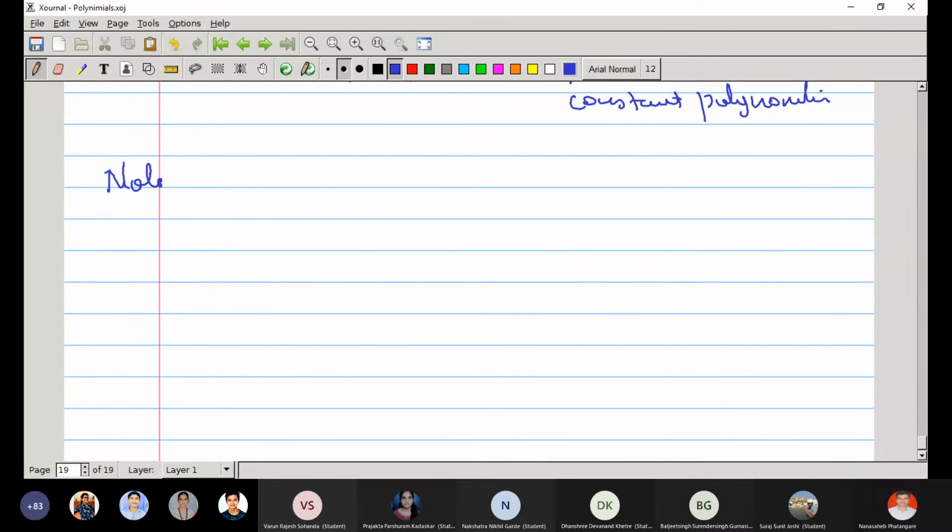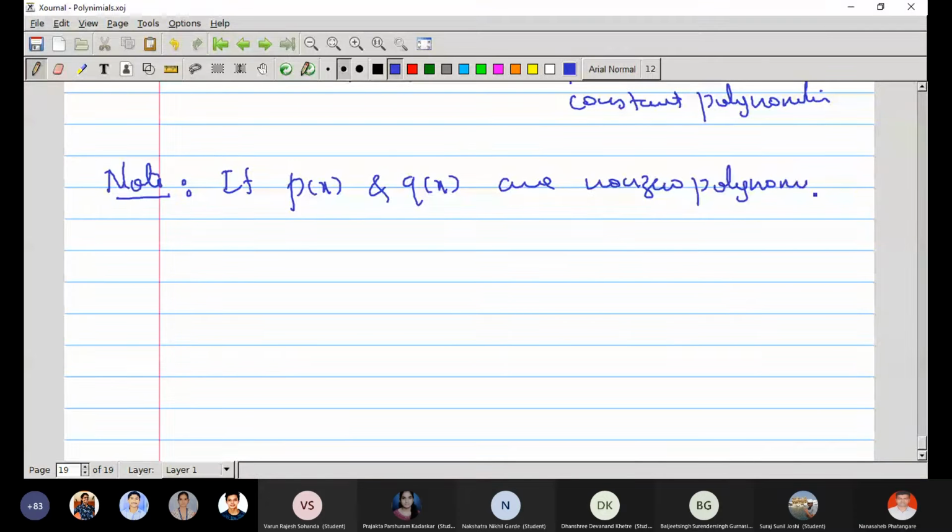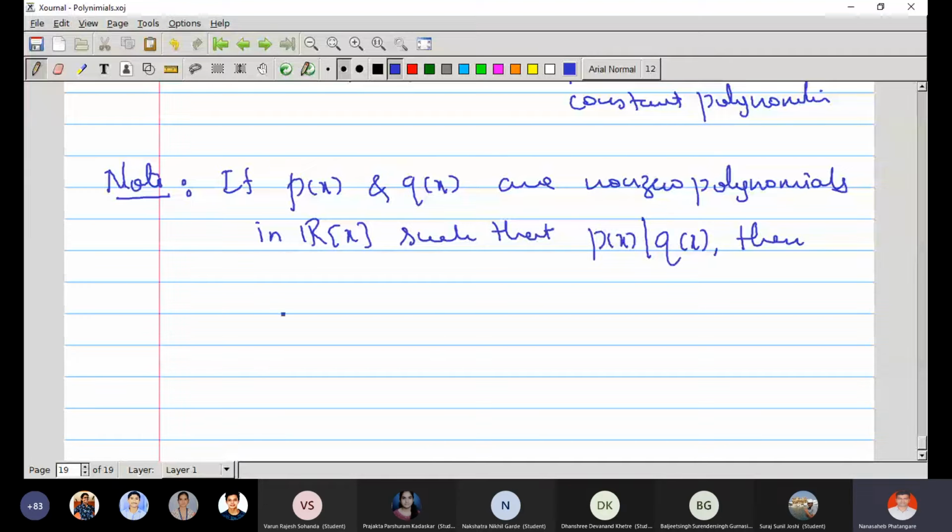If p(x) and q(x) are non-zero polynomials in R[x] such that p(x) divides q(x), then what can you say about the degrees?